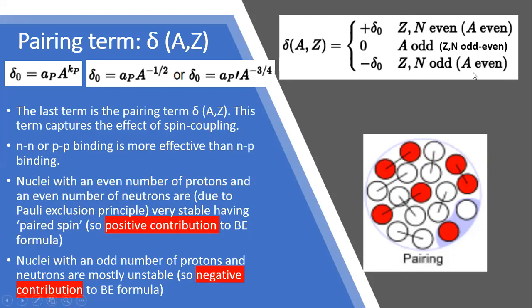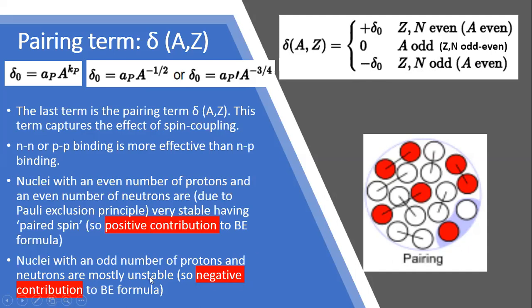The other case is when A is even and Z, the number of protons, is odd, then the number of neutrons will also be odd. It is easy to remember: when the numbers of both protons and neutrons are odd, it is going to contribute minus to the overall semi-empirical formula, or the binding energy formula.